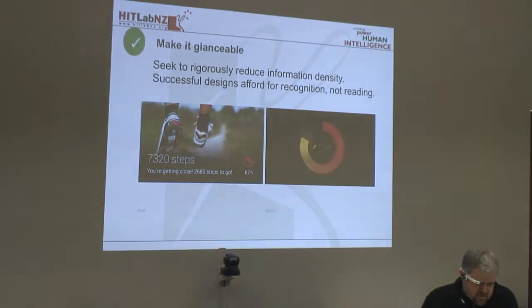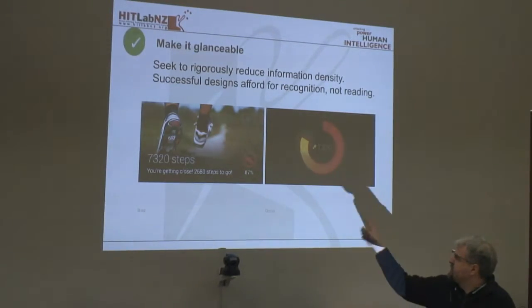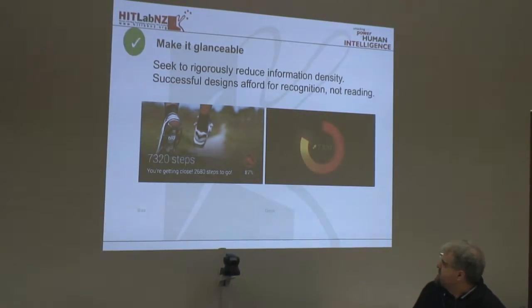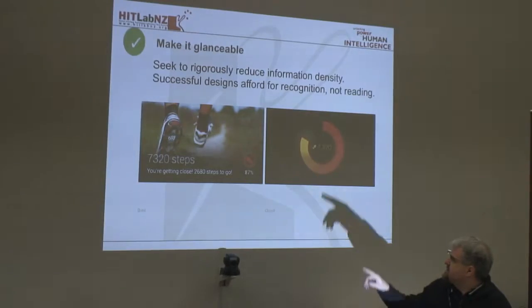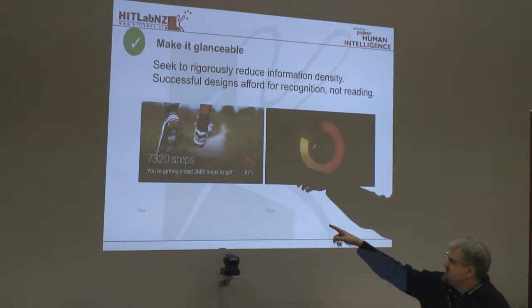Making it glanceable. So in this case, with the micro interactions, you're just going to look at the screen and you want a quick piece of information. These two screens are showing the same information. These are from a running application, and I want to show you how many steps you have taken. But you can see the one on the left has more pieces of information.